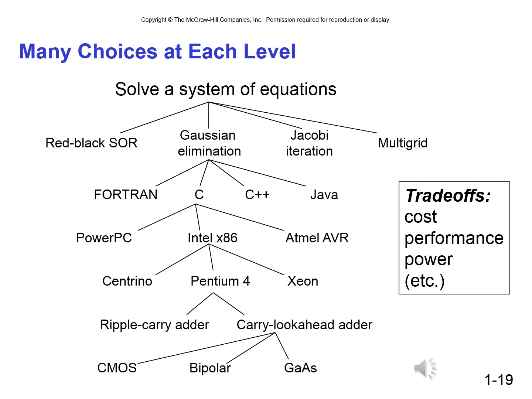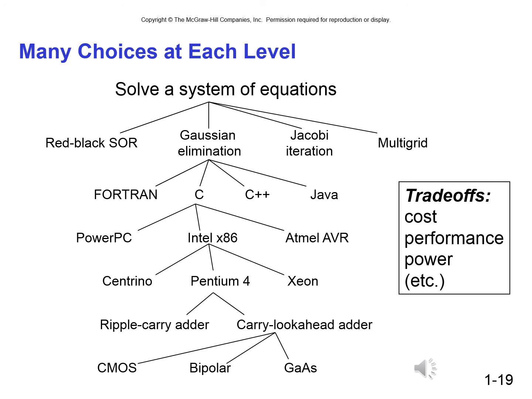This slide shows the options or the choices at each level of abstraction. So you've got to solve a system of equations: Gaussian elimination, the Jacobi iteration, multigrid, etc. They could then be solved in Fortran, C, C++, or Java. Those could be running on a PowerPC, Intel x86, and Atmel AVR.